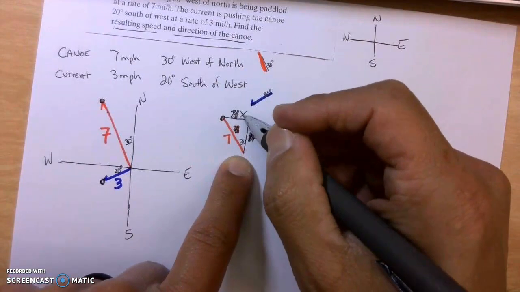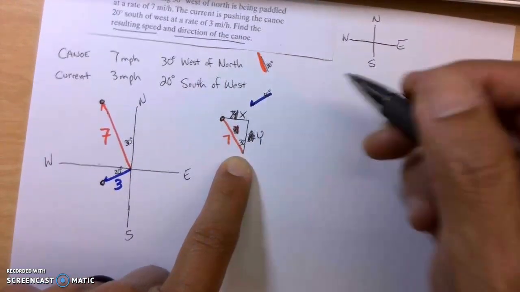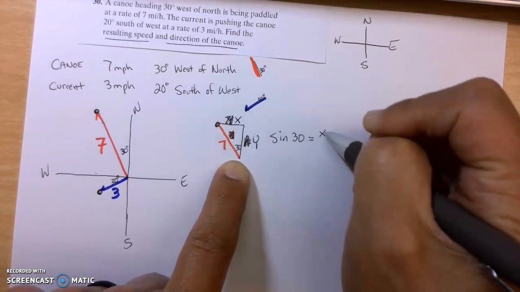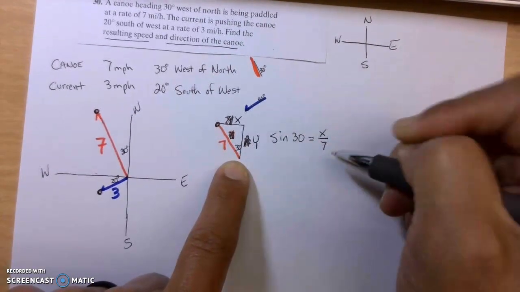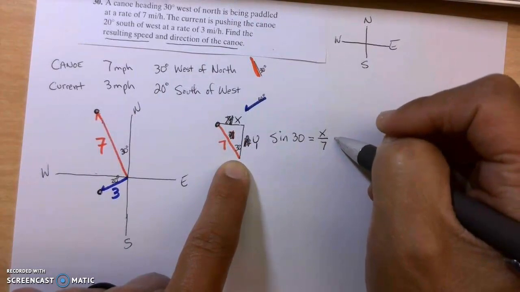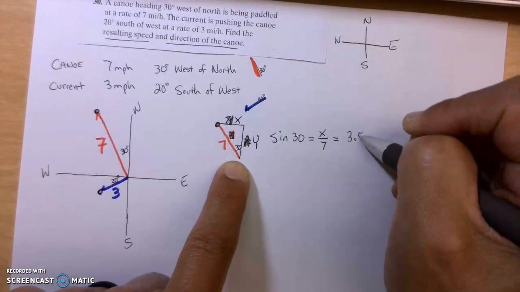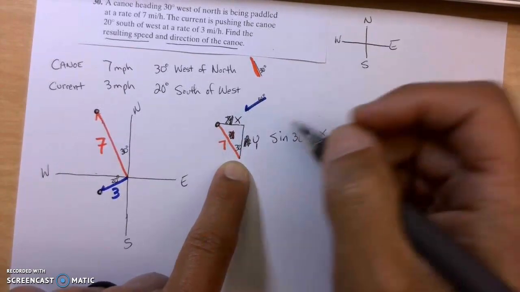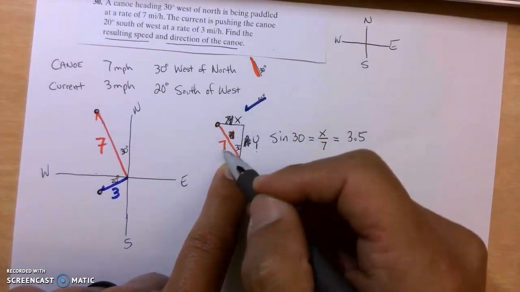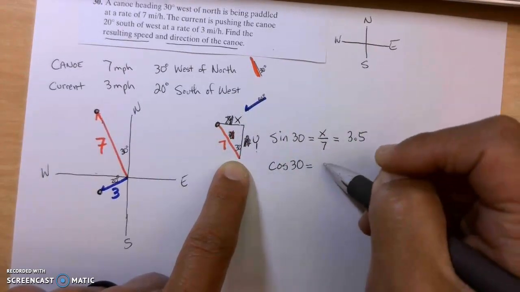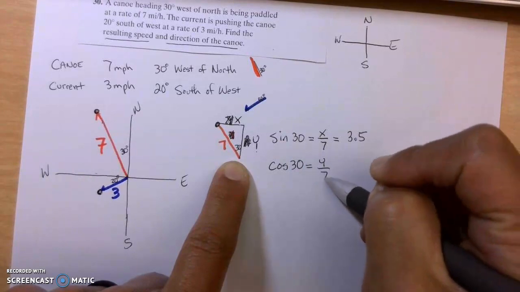For X, opposite over hypotenuse. That is sine 30 degrees equals X over 7, opposite X going left to right, hypotenuse is 7. Throw that in the calculator and you will get 3.5. To get the Y value, the up and down number, this is adjacent, there's the hypotenuse, you would say cosine of 30 degrees is Y over 7.